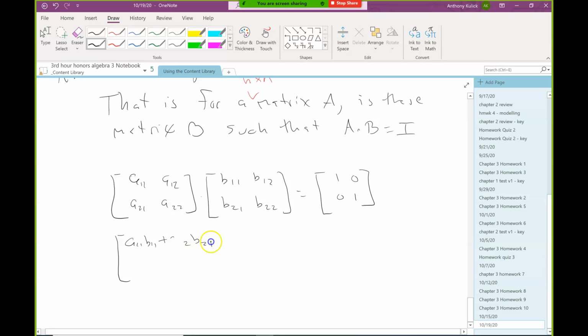And then row 2 times column 1, A21 B11 plus A22 B21. And similarly, row 2 times column 2, A21 B12 plus A22 B22. So far, so good.